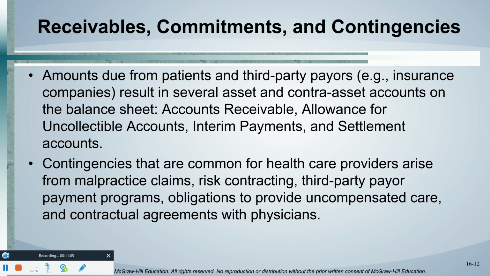Now, the receivable, even though it's recorded there, it may not necessarily be collected. So another thing we need to worry about with receivables is the allowance for uncollectible accounts. And a lot of times this happens when we really don't have insurance, but we have a private payer where the patient actually comes to the healthcare provider without insurance and they work out a payment plan.